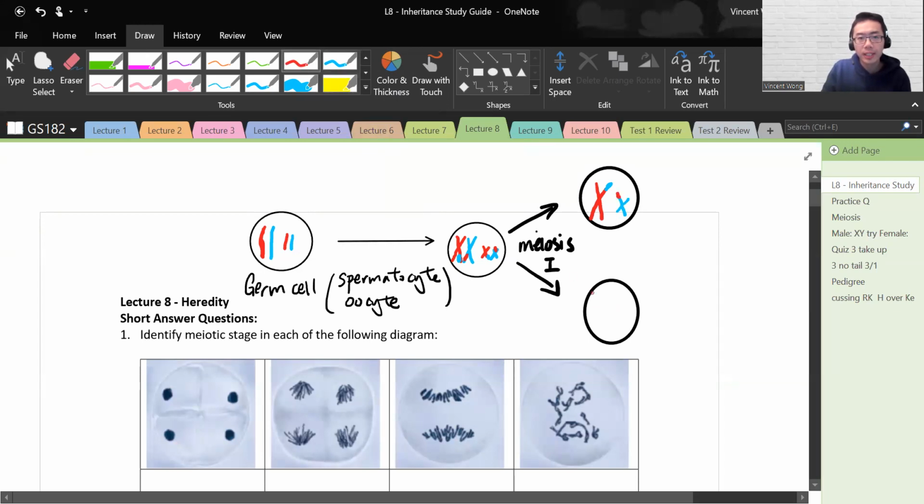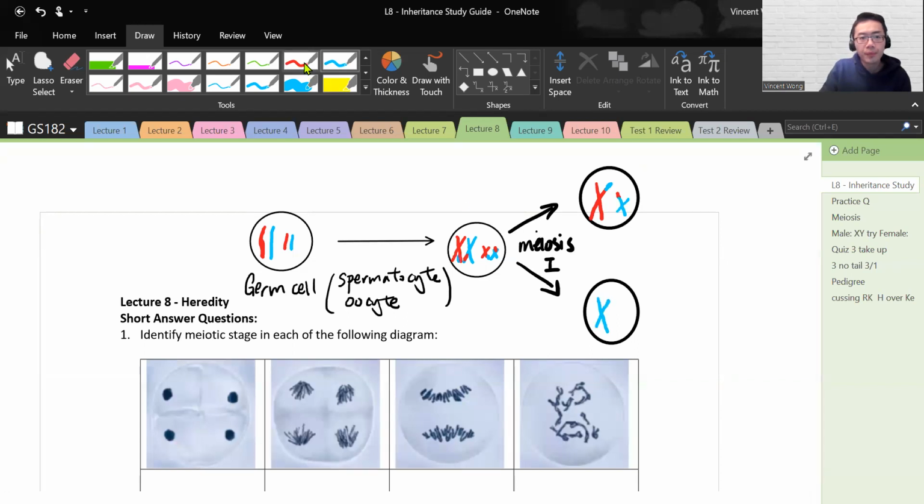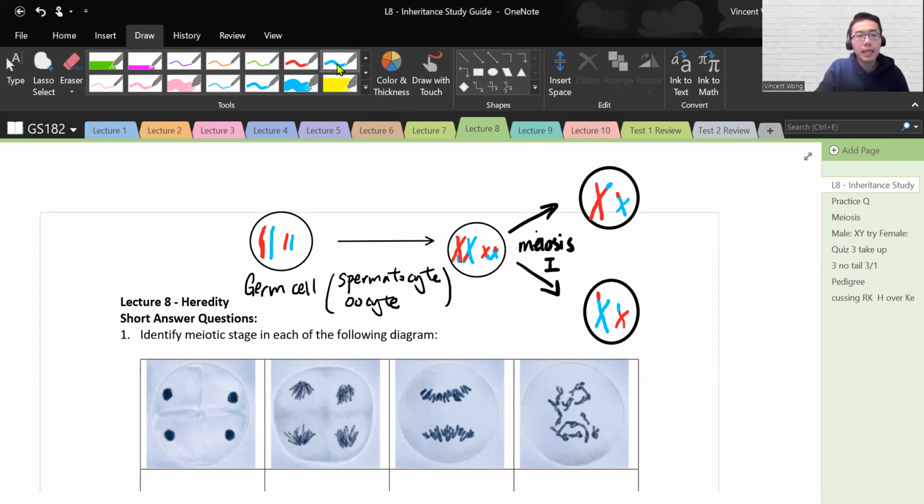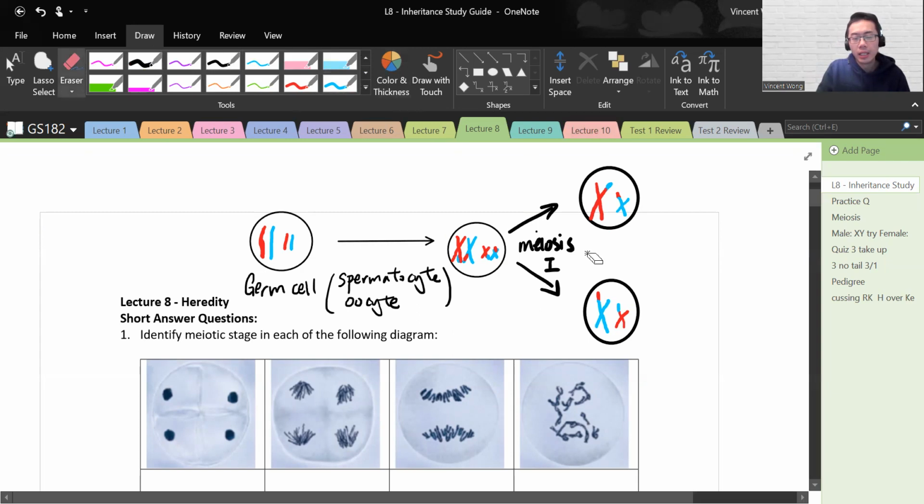Similarly here, you would have the blue one with a bit of red stuck on it. That just represents exchange of genetic material between the 2 chromosomes. So there you go. This is the product of the first meiotic division.